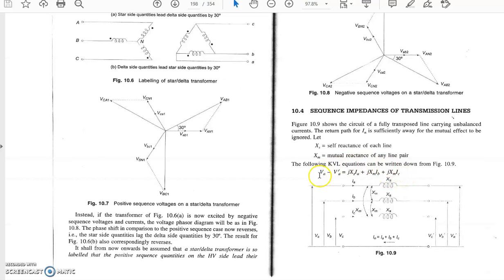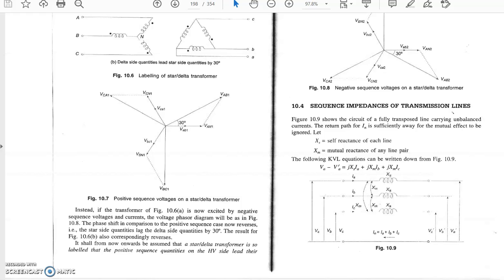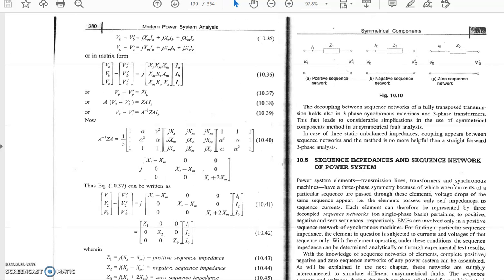This is from the KVL equation: VA minus VA dash, the difference of voltages, should equal the voltage drop. The voltage drop is jXS into IA in the series case, and in the mutual case it becomes jXM IB plus jXM IC. Similarly, we can write the other equations for phase B and phase C.